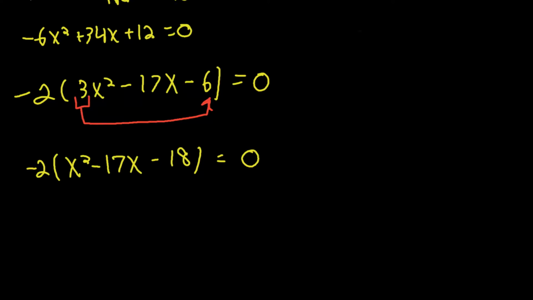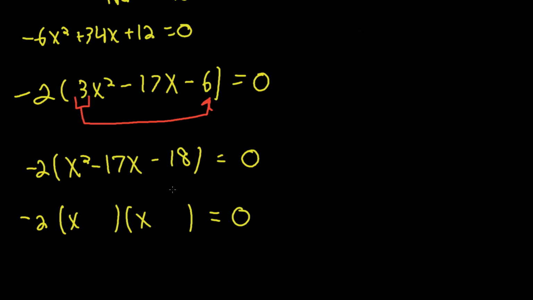Okay, now this is something I know how to factor since we have nothing in front of x squared, so now we can get started. Negative 2, well, I need two numbers that multiply to get negative 18 and add to get negative 17. Well, I'm going to write out my two parentheses because I know my answer will have two parentheses with x in the front.